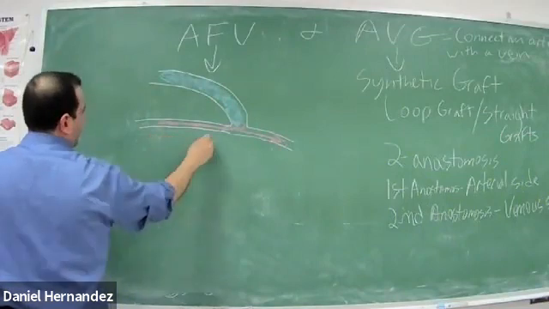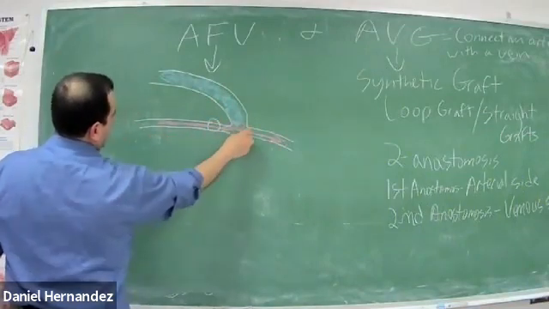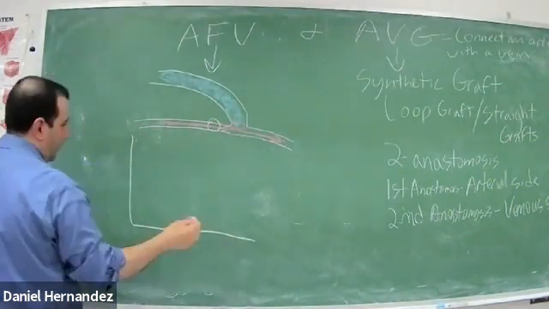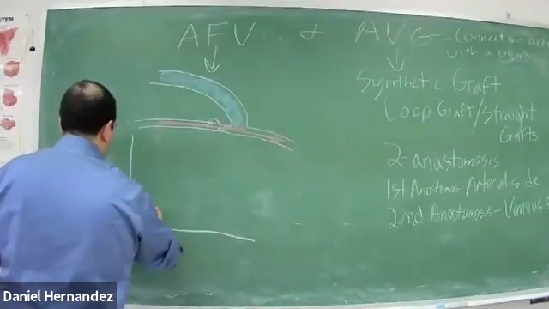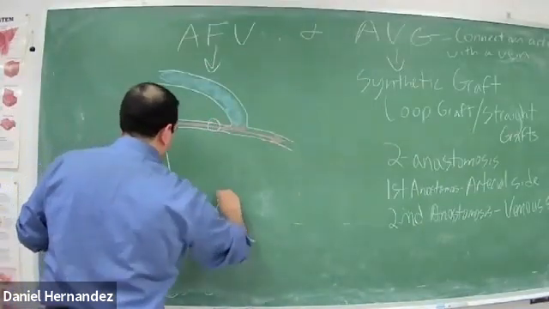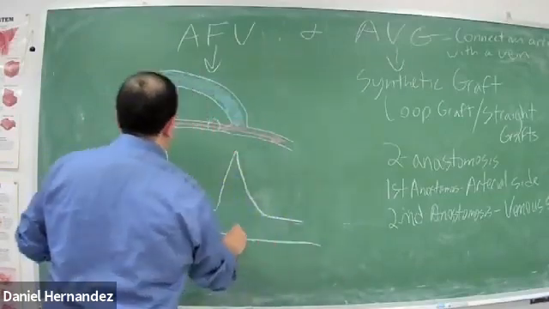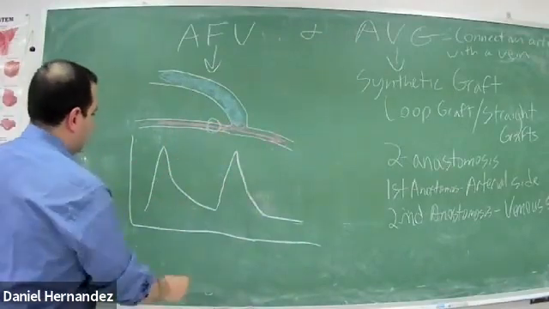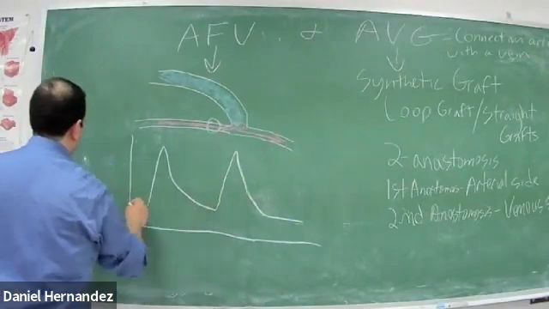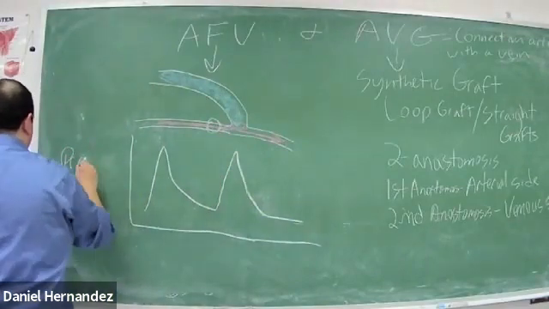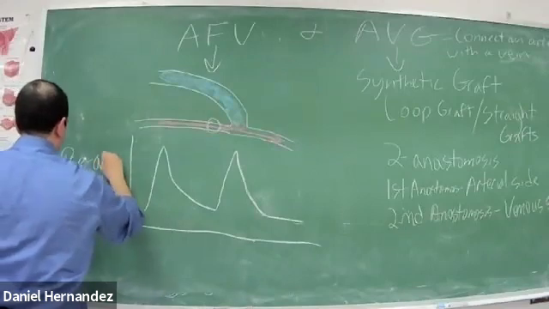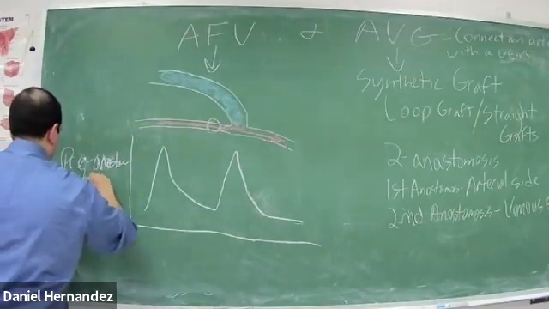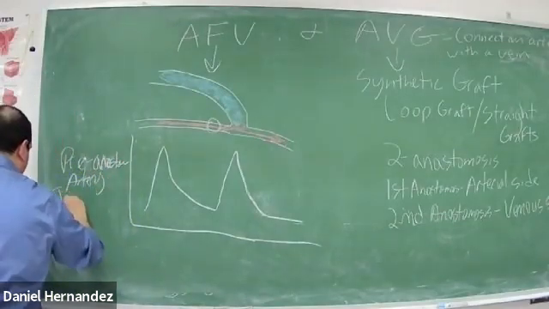So with a fistula, if we're sampling our artery before that anastomosis, normally our peripheral arteries are high resistant triphasic waveforms, but the artery before the anastomosis will now have low resistance. So pre-anastomosis artery, this is also called the inflow artery.